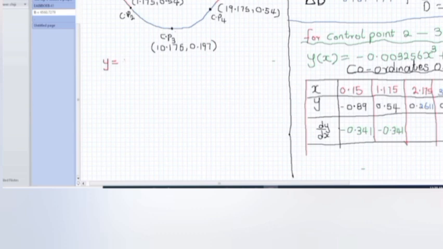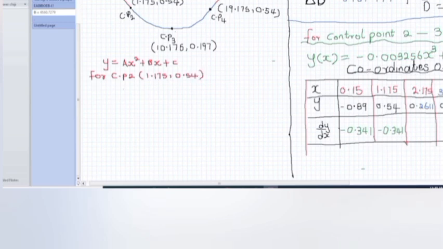The standard equation of a parabola is y = ax² + bx + c. Remember for control point 2, we have x to be 1.175 and y to be 0.54.